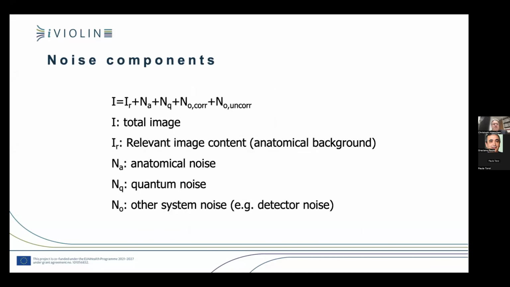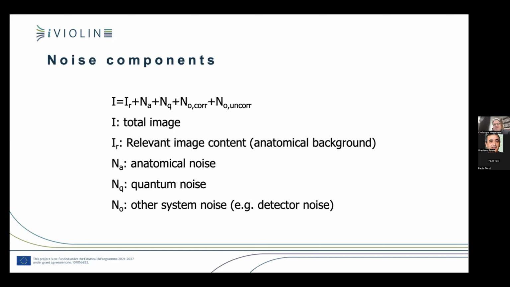So what are the noise components? If you look at a total image, then we will have some relevant image content, hopefully. Typically, if we have a non-diseased case, then this is just the anatomical background. In case there is a disease, it's the anatomical background plus the structure that is referring to that. Then we have the so-called anatomical noise, and that's noise due to the patient that cannot be separated from each other.